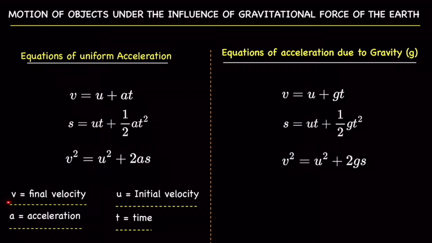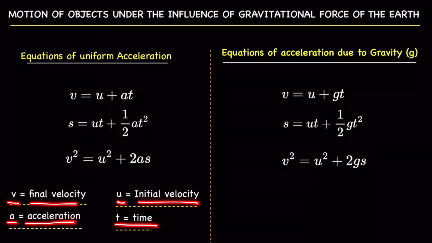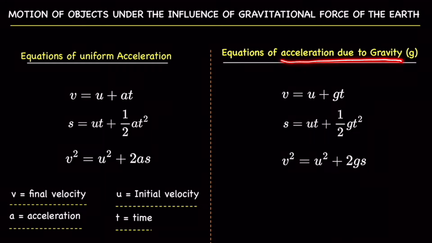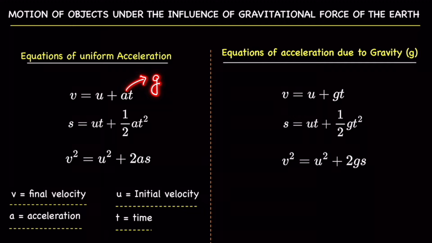Here v is the final velocity, u is the initial velocity, a is the acceleration, and t is the time. If we change this formula with respect to acceleration due to gravity, the a will change to g, because under gravitational force, acceleration is equal to acceleration due to gravity.